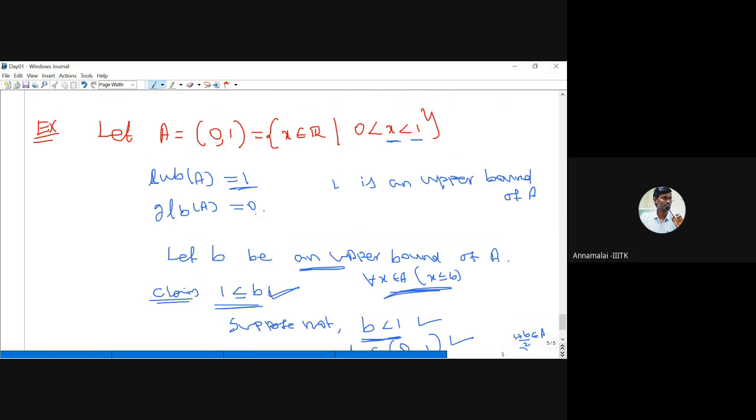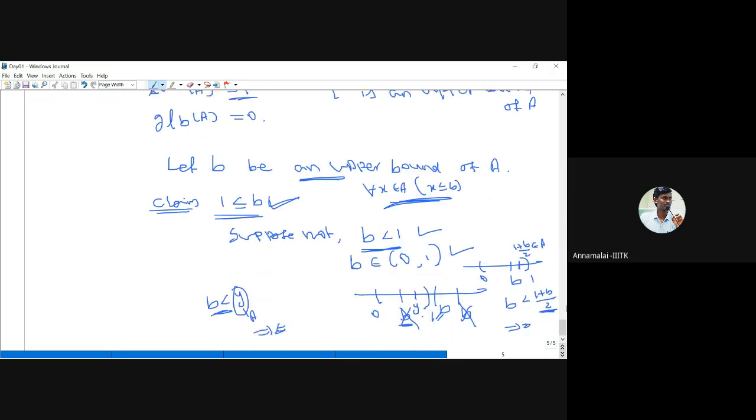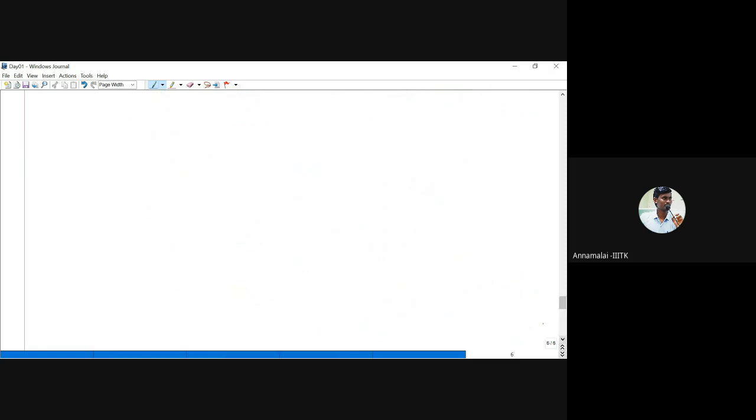So first we have to prove that 0 is a lower bound. Since every element of A is always bigger than 0, therefore 0 is one of the lower bounds. We have to prove that 0 is the greatest lower bound. If we take some other lower bound, we have to prove that 0 is bigger than this one.